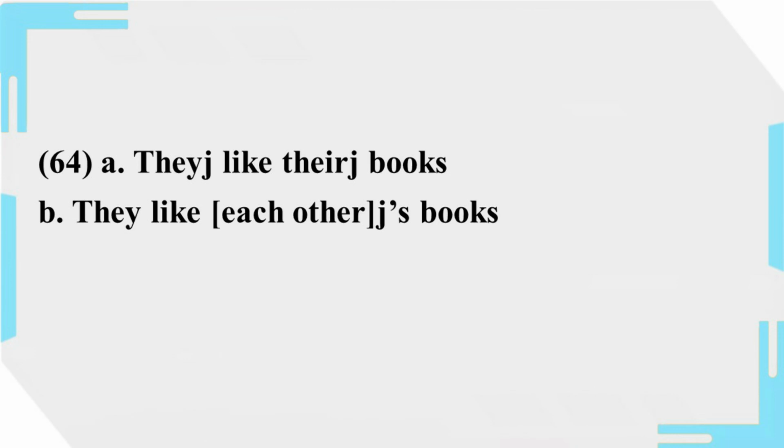Principle B correctly fails to rule out the first sentence, but Principle A predicts that the second sentence is ill-formed, since the antecedent of the reciprocal is the subject of the sentence and thus not in the domain of the anaphor. To correct this problem, we would have to make the domain of an anaphor slightly larger than what we have assumed. Here, we leave this as unresolved.